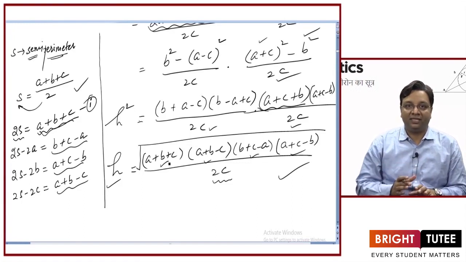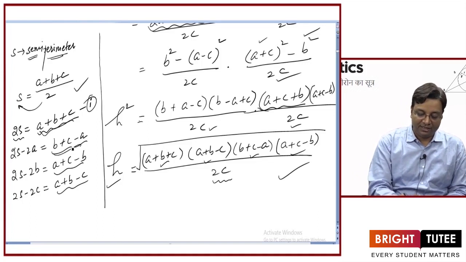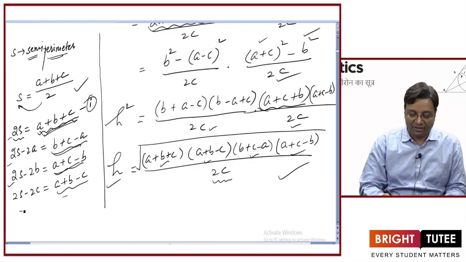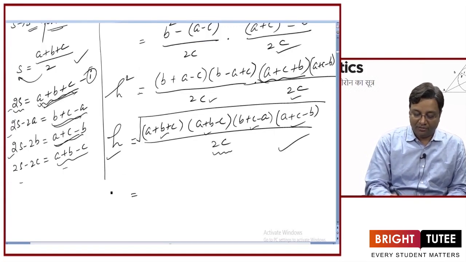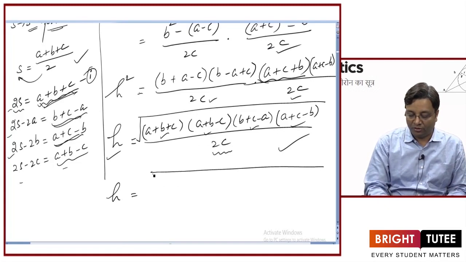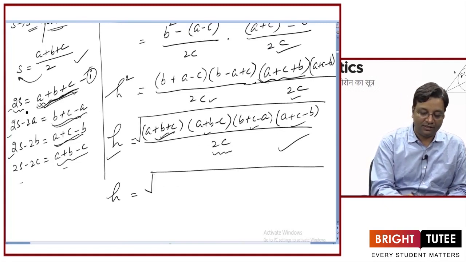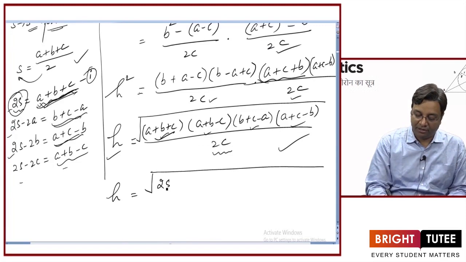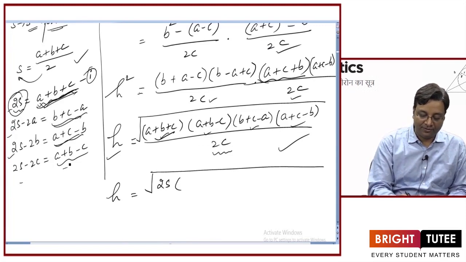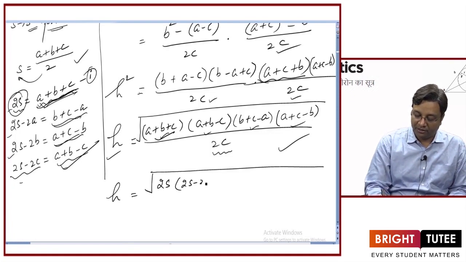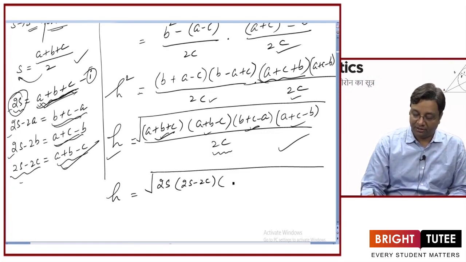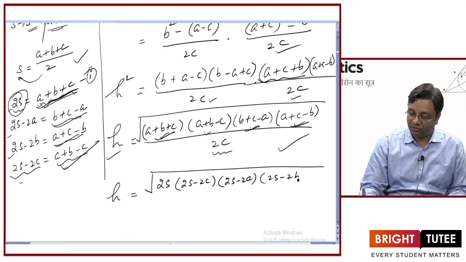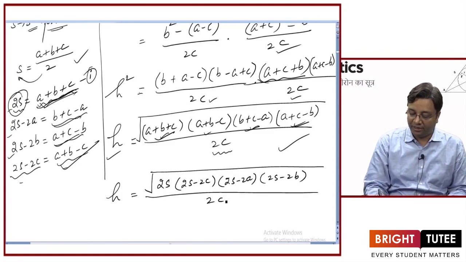So, to simplify this, if I replace these expressions by these, it will simplify further. Let us do it. h is equal to the square root of: what is a plus b plus c? It is 2S, so let us replace it by 2S. a plus b minus c is 2S minus 2c. Similarly, this is 2S minus 2a, and this is 2S minus 2b, and it has to be divided by 2c.